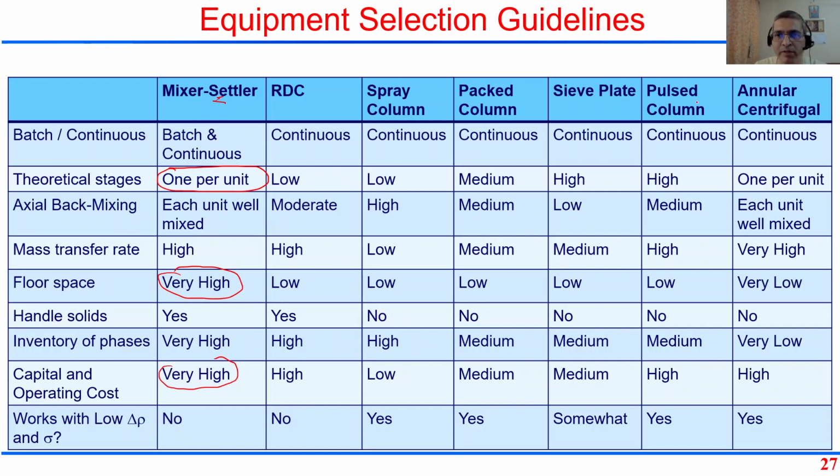Whereas some of the other equipment ensure a continuous contact, and they can give you multiple stages, and therefore you can have it as a column, and therefore the floor space would be low, and the cost also would become low. So some of these qualitative characteristics of these different contactors, that's what we have seen.